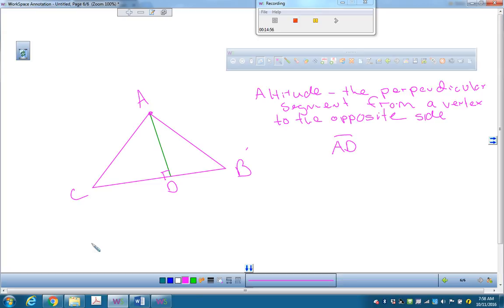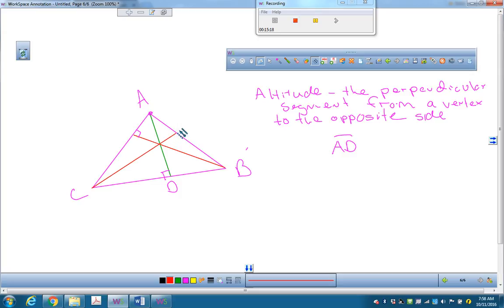How many altitudes do I have in a triangle with that definition? 3, right? So I could have another altitude over here, going from here to here. And you have to make sure it's perpendicular. See? There's another one. I could have another altitude going from here to here.